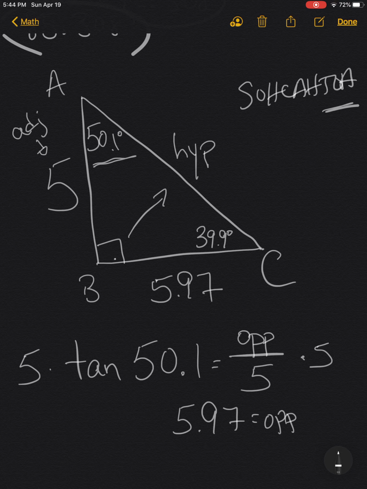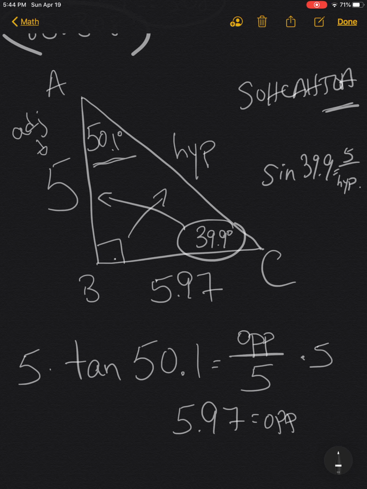Now you have two options. You could use another trig function to find the hypotenuse. So if you want sine, you could say sine of 39.9 is equal to opposite, which would be 5, over the hypotenuse. And you could solve it that way, right?